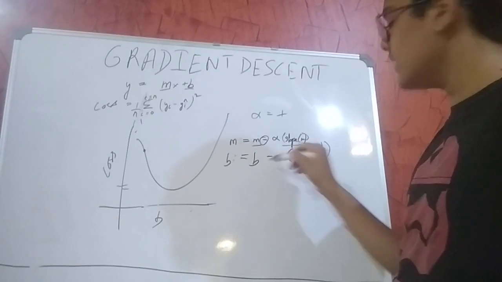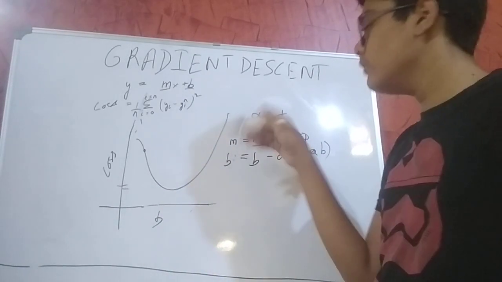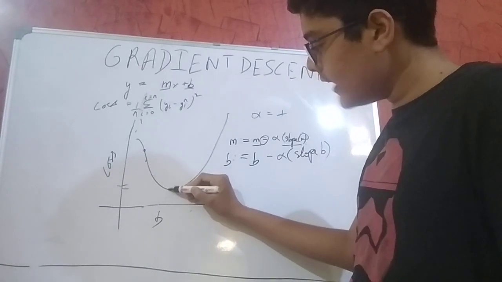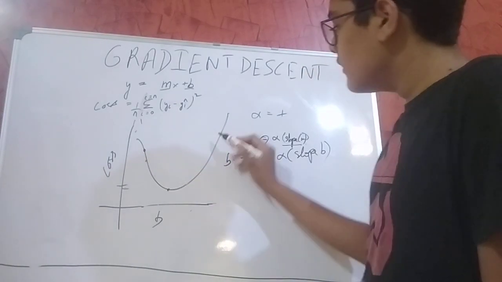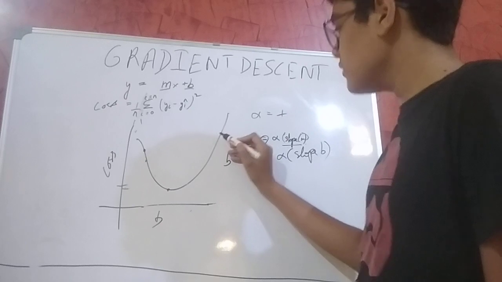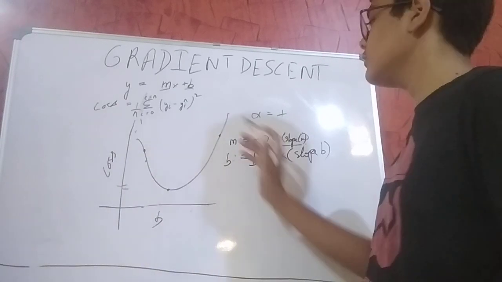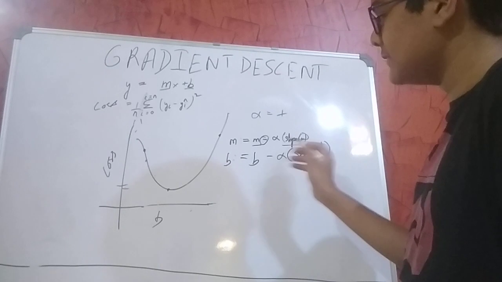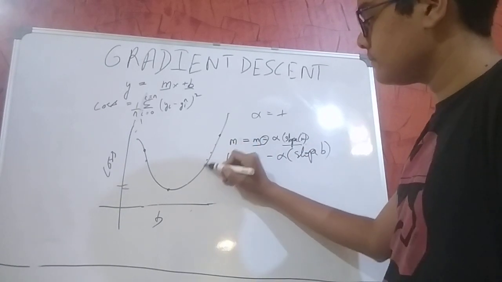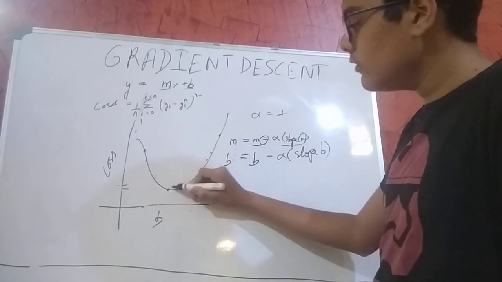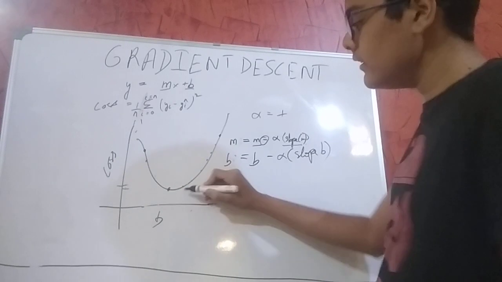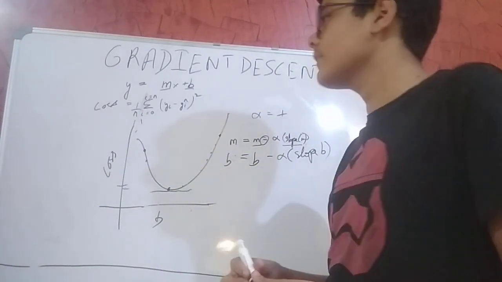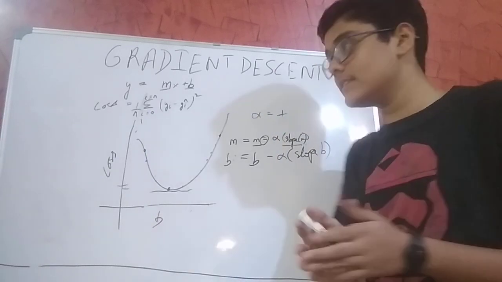The slope is negative, negative and negative give you a positive, and B keeps on moving here, and you will reach your local minimum. If you start out at B somewhere here, then the slope will be positive and it will be B minus some positive value, so you will start moving this way and reach the minima where your gradient will be 0. So that's how we have optimized our weights.